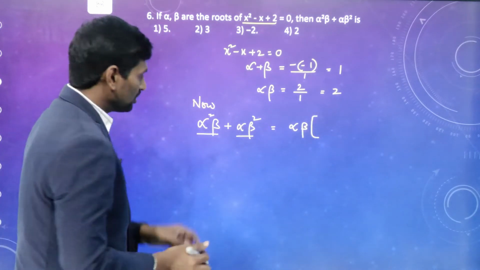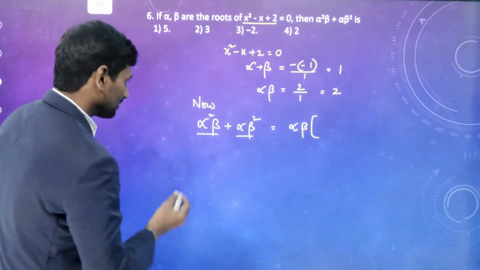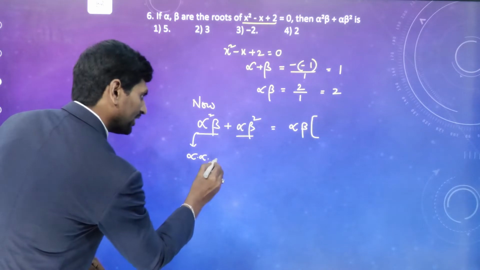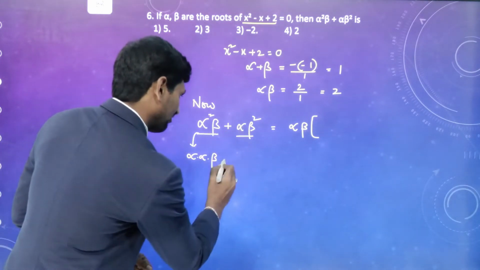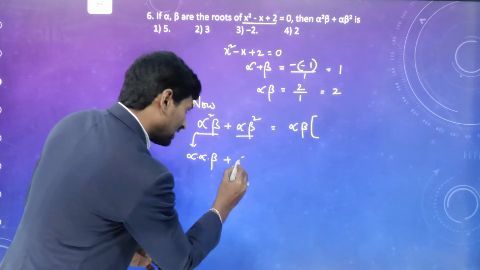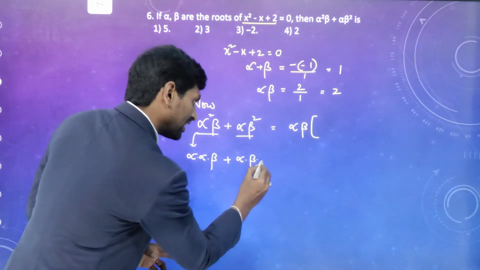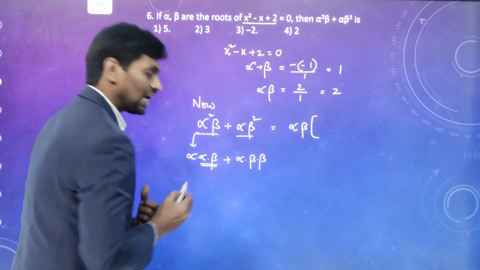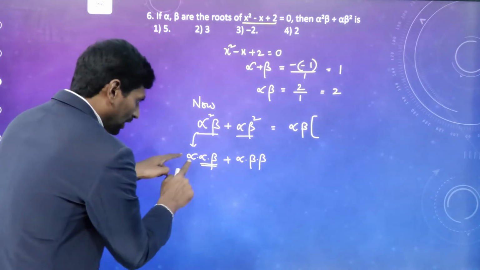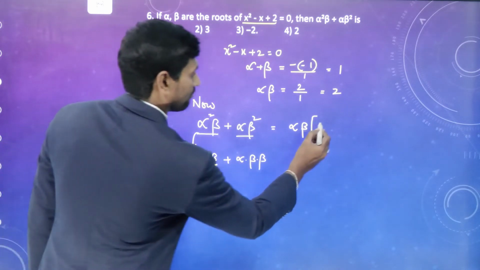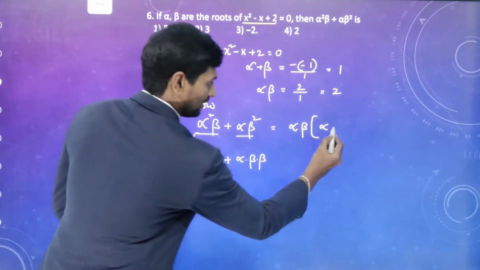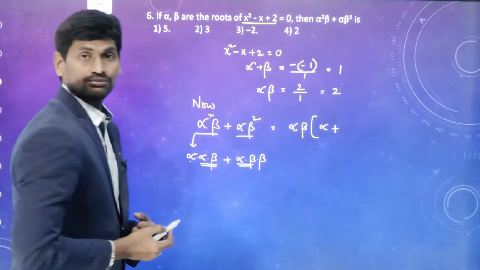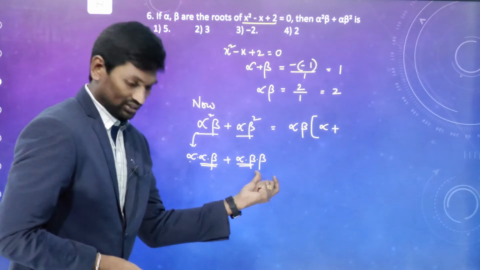From the first term, what is the remaining term here? Alpha square beta is alpha into alpha beta, so the remaining is alpha. Now plus symbol. Alpha beta square means alpha into beta into beta. From the second term also, if you take alpha beta as the common term, what is the remaining part? Beta.